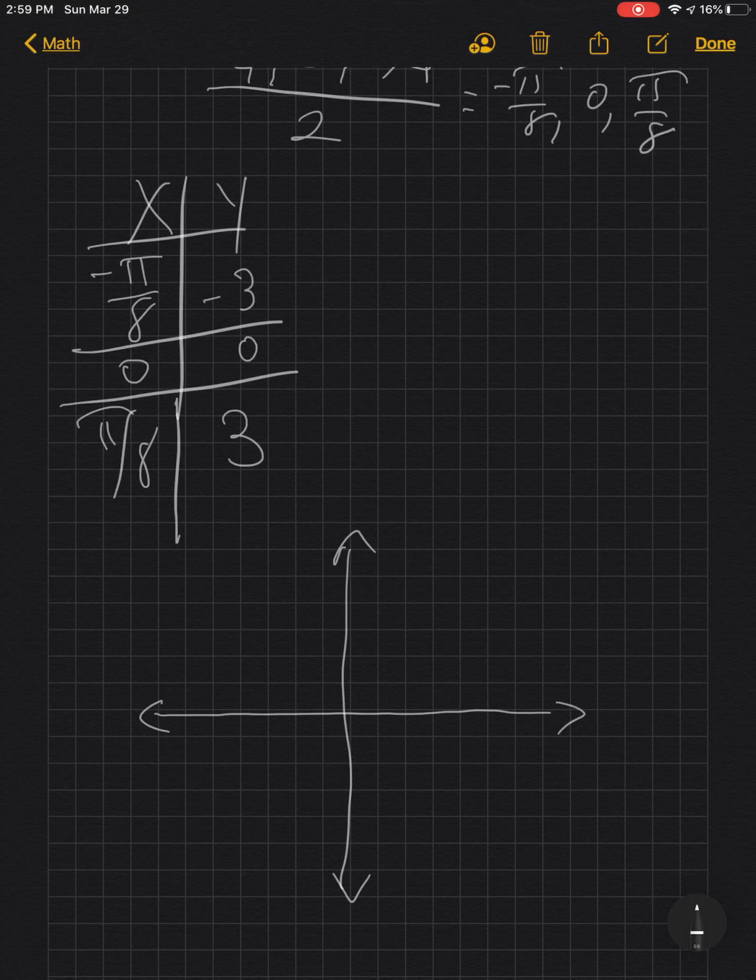So this time it's a little bit smaller, right? So I'll do here, here. So we have 0, 0 right there. At negative pi over 8, negative 3, we are here. And at pi over 8, 3, we are here. Okay, so let's draw that in.